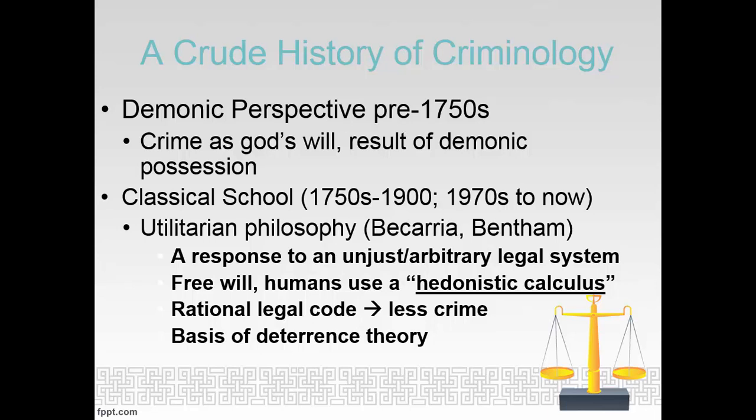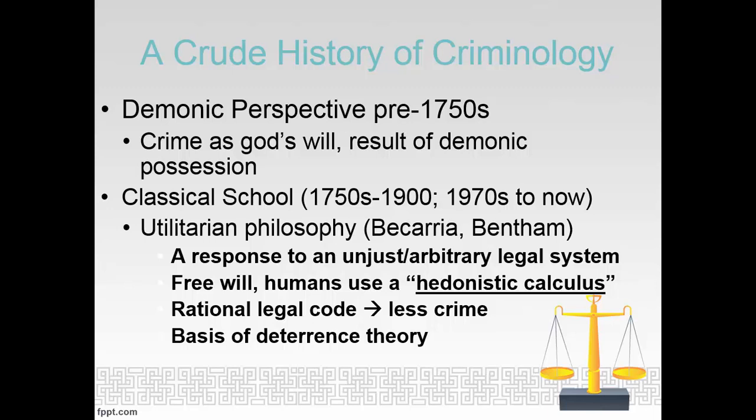In terms of how criminology emerged, the study of crime emerged, 1750 is essentially colonial America. And really up to the end stages of colonial America, the prevailing theory of crime was what people refer to as the demonic perspective.